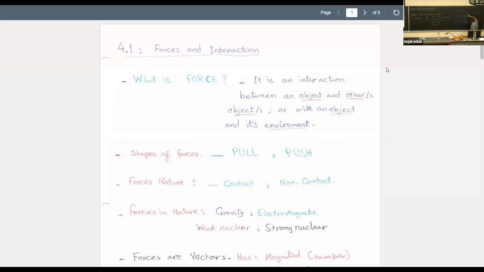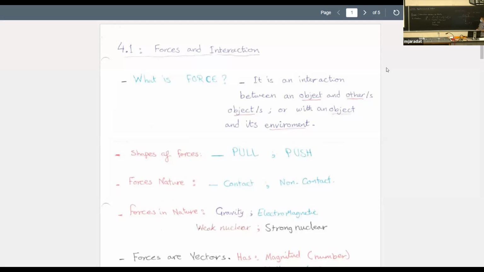Because the angle is 90 degrees from the surface, we call it the normal force. If the weight is 10, then the normal force is 10, but in the opposite direction. In this case, the object will not go down or go upward.